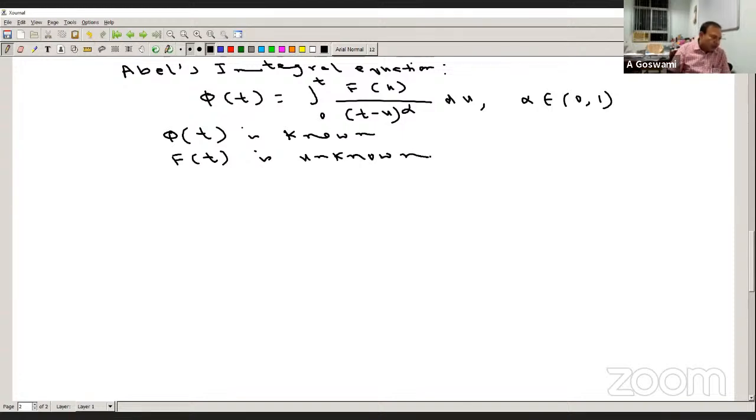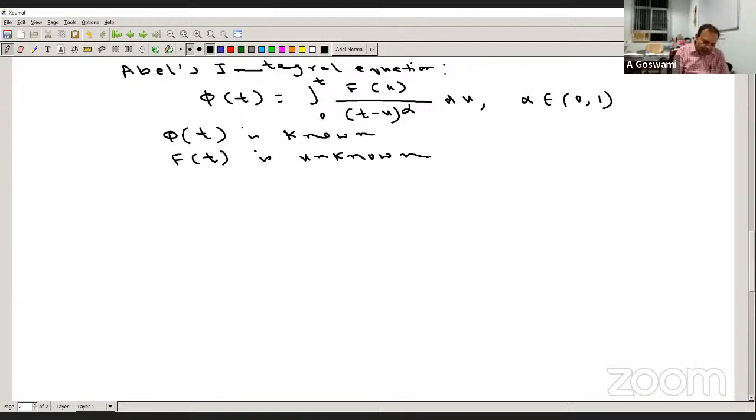Effectively your basic aim is to find out the unknown function over here. So this integral equation is there where the phi t function is known and f t is unknown. We want to solve this integral equation using the Laplace transform.